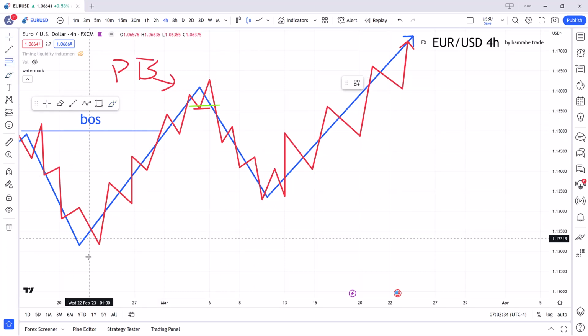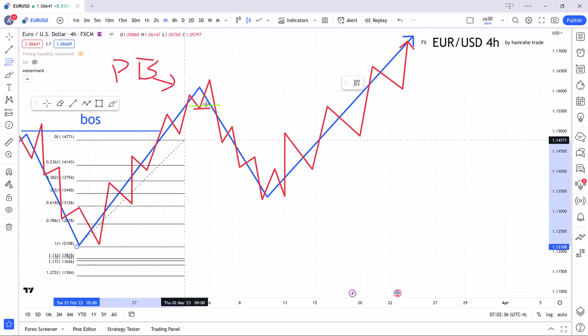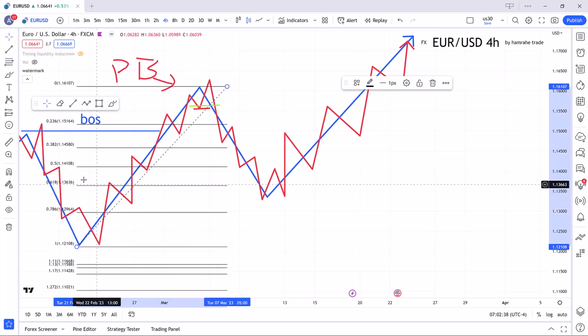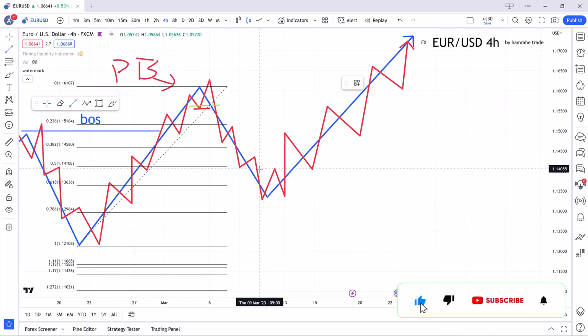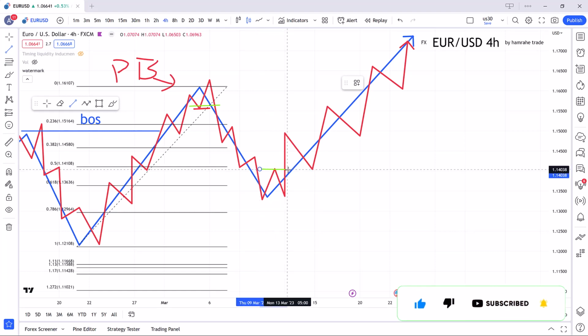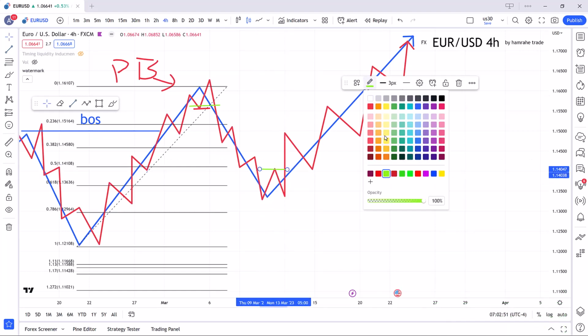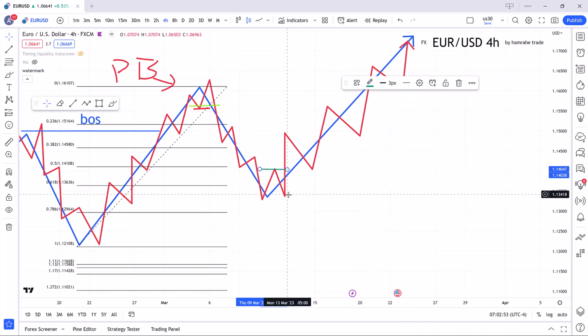When the market goes farther than 50% retracement, if I use the Fibonacci correctly, we can wait until the market breaks its internal structure and makes another minor pivot to the upside.